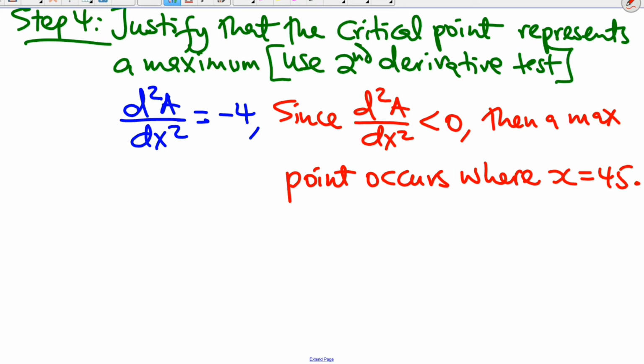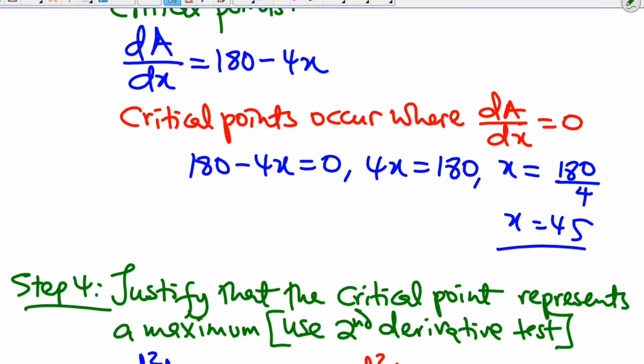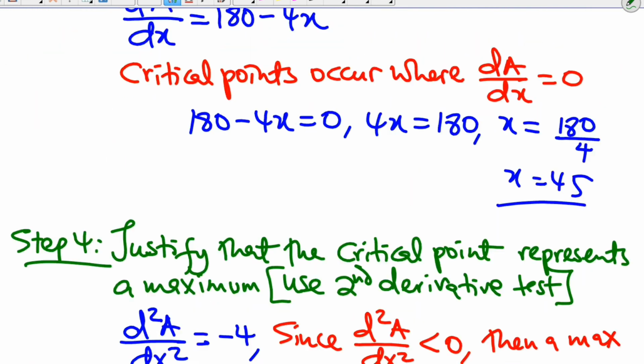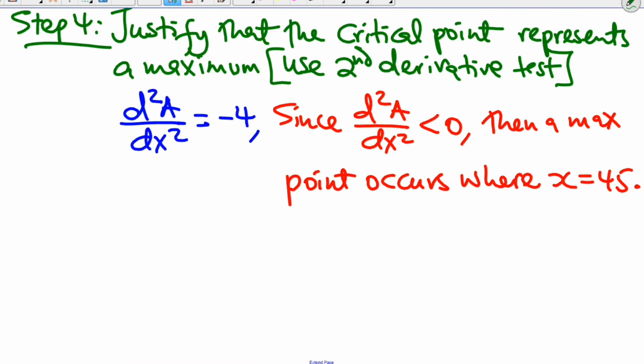Okay, so we have that sorted. Back to the question, what is this question really asking about? Find the maximum area. So we know the value of x that gives us the maximum area.